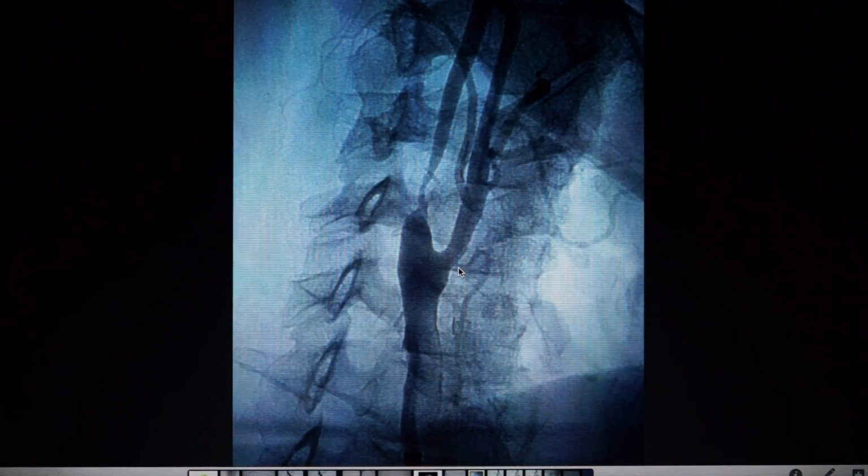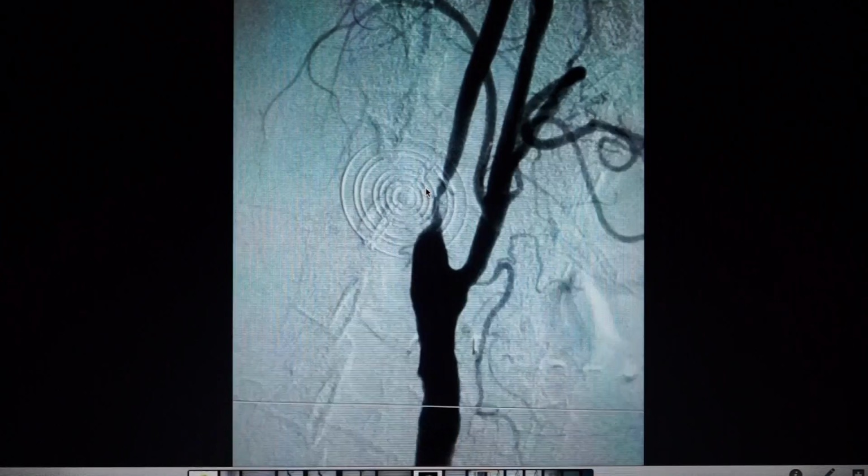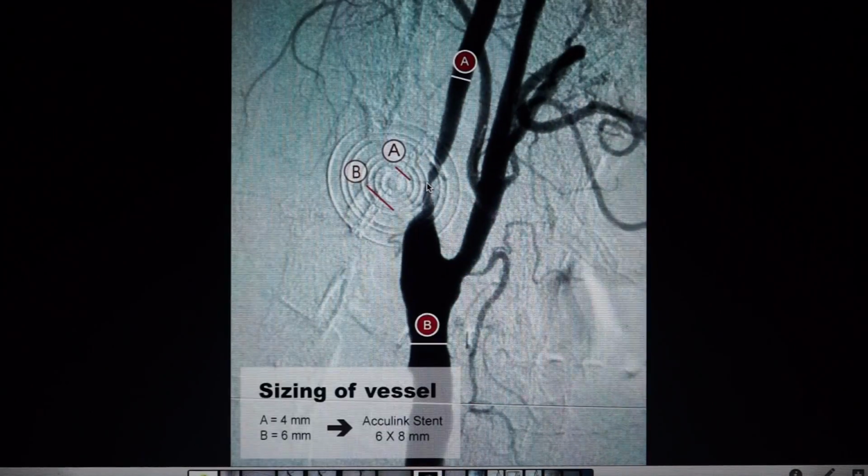Here's a case example. Angiogram was performed. You can see the lesion clearly. VesselSizer was placed, and you can see the relationship of the VesselSizer to the lesion. There's a 5 mm dot, 2 mm dot. The measurements were performed. Internal is measuring 4 mm in the longest axis. The common is 6 mm in the longest axis.